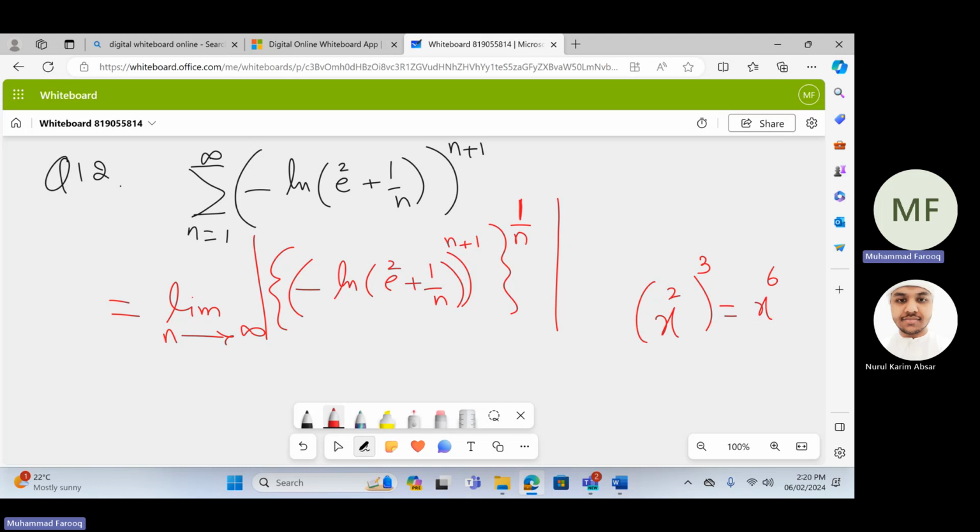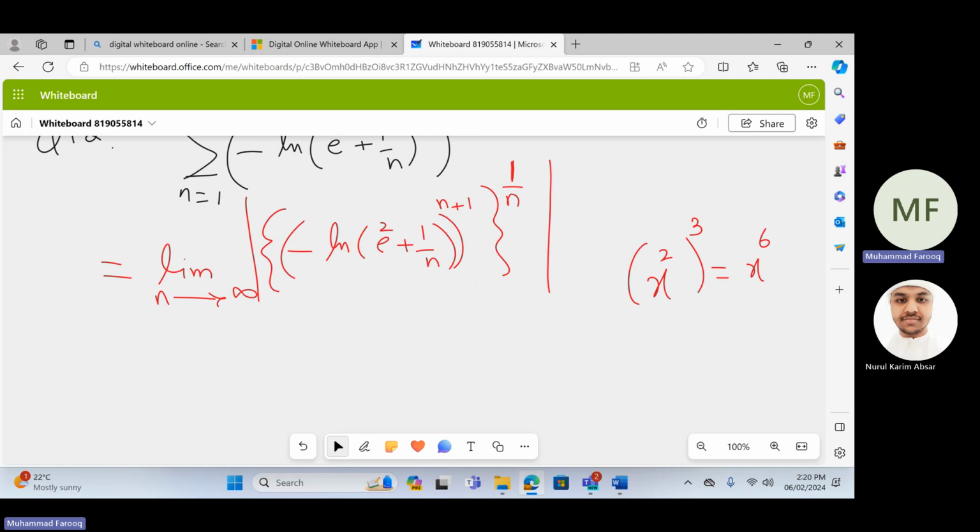The same thing applies here. N plus 1, then again 1 by n, they are a power and again a power, so they will multiply. How much is n plus 1 times 1 by n? N plus 1 over n. Very good. So this power becomes a product.